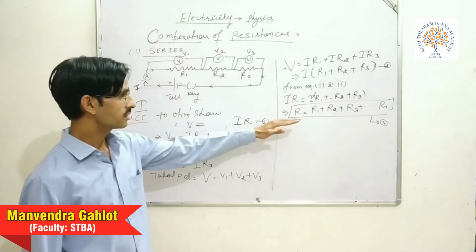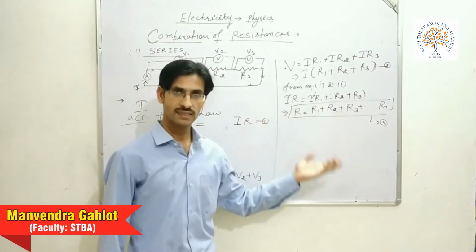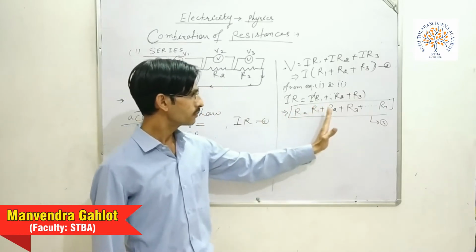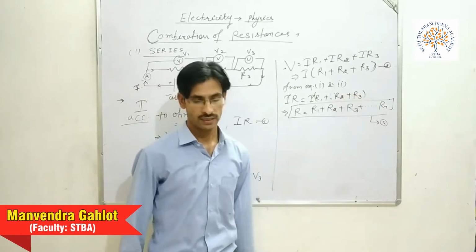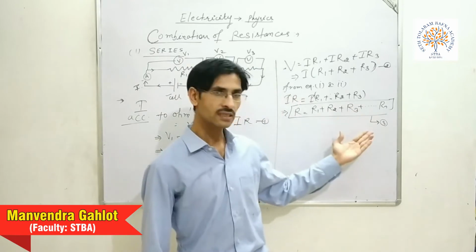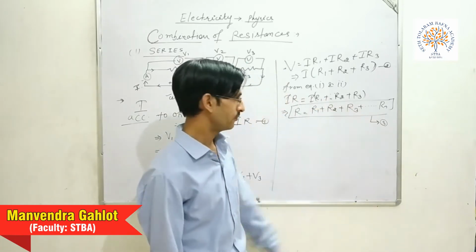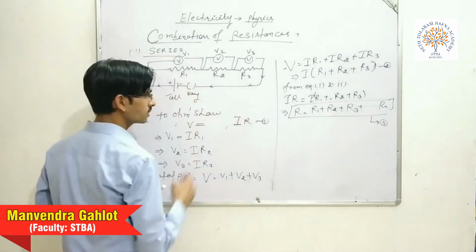So this is the result of series combination, equivalent resistance: R equals to R1 plus R2 plus R3 up to Rn. That means if you use more than 3 resistors, the result will be extended up to R5. Now, this is the equivalent resistance for series combination.